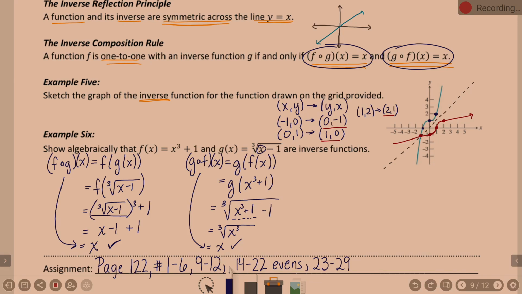So page 122, 1 through 6, 9 through 12, 14 through 22 evens, and 23 through 29. I just caught in my notes that on 14 through 22 evens, it must say something about domain, and I'm saying no domains. I'll double check that in the book, but that must be what I was thinking at the time. You have a little bit of work time. You've got about 10 minutes.